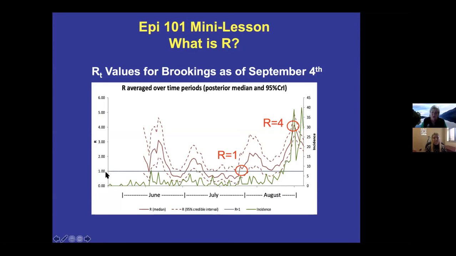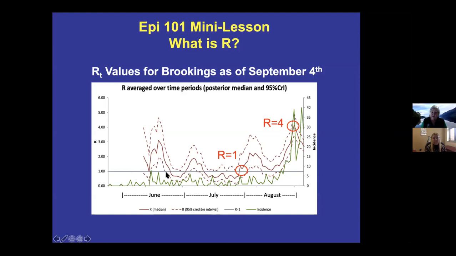So for R of 1, we have this straight line going across so that we can easily see where the R value is relative to that line, because we want it below that line. This axis here is the incidence, or the number of cases. And if you look down here at the legend, the first one is R. So this solid brown line is what R is on any particular given day.